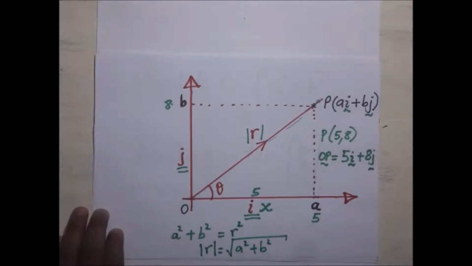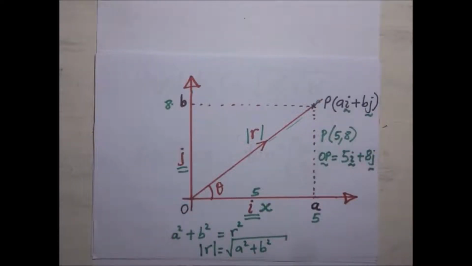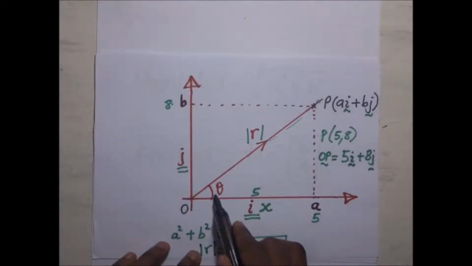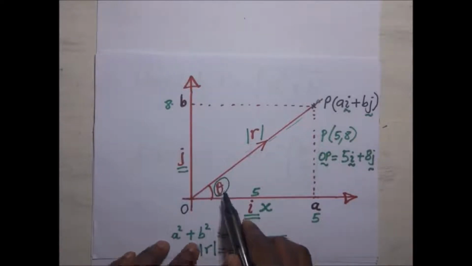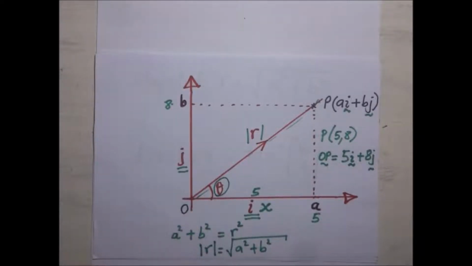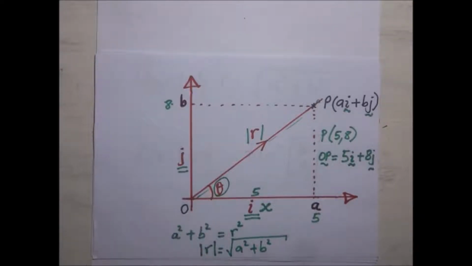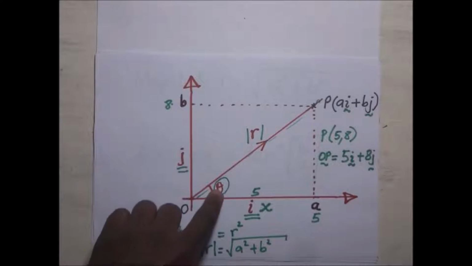Now when it comes to finding the direction of this vector, it simply means that we are being tasked to find the angle between the vector and the horizontal. And here we are simply going to use one of our trigonometrical identities. To get the value of theta, we can use the tangent of that angle.